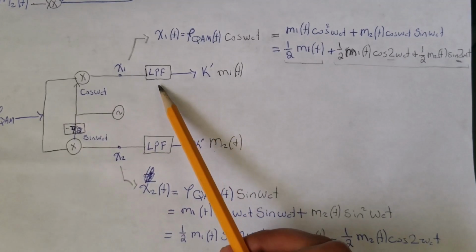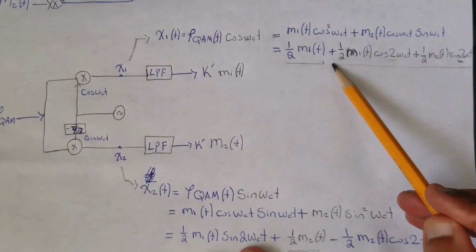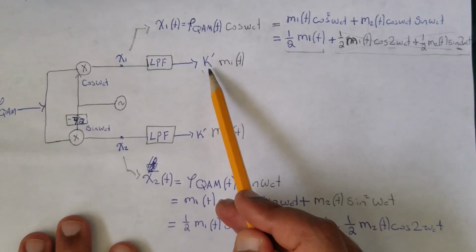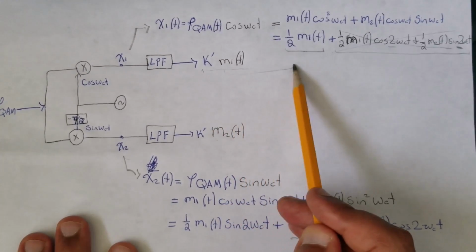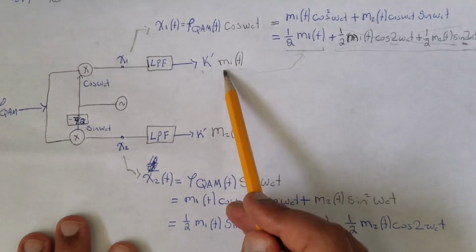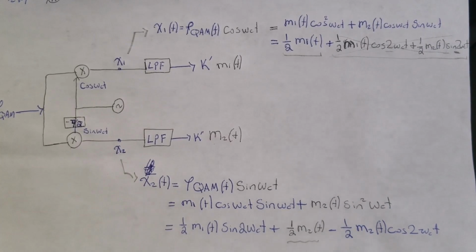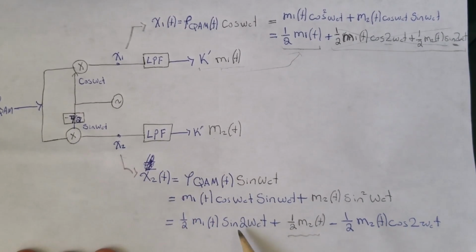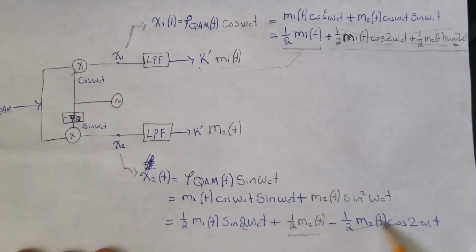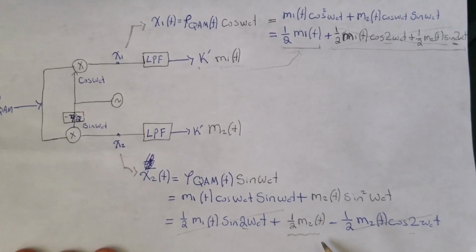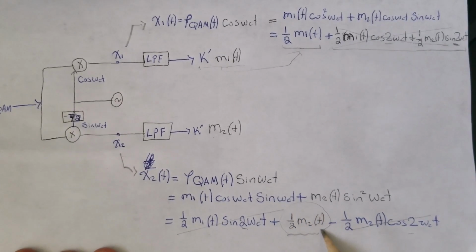A low-pass filter is used to filter out the higher frequency components. A similar process is used for x2. And the low-pass filter will filter out the high frequency components. And the second message is recovered.